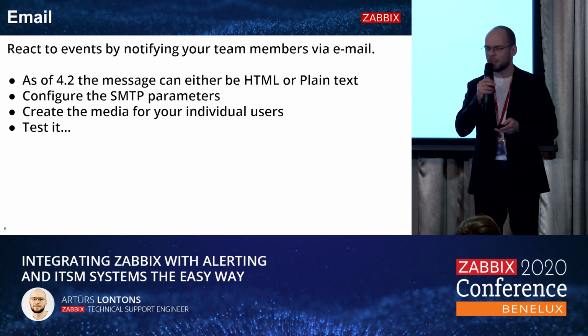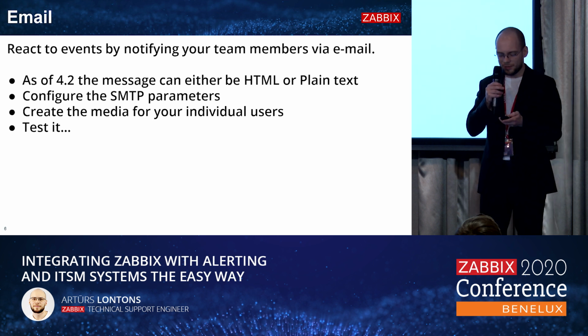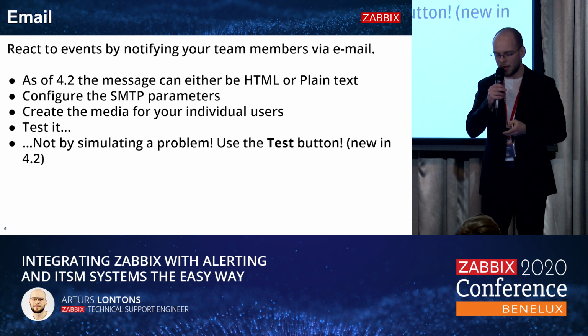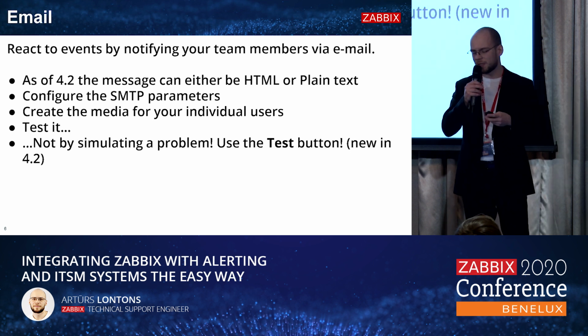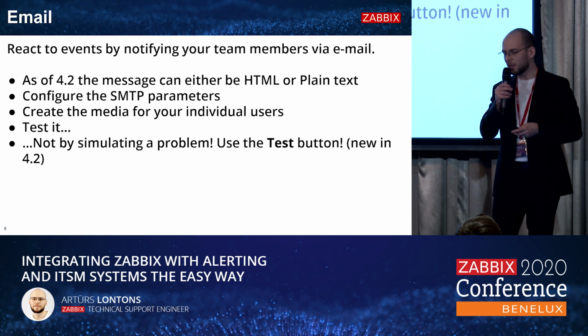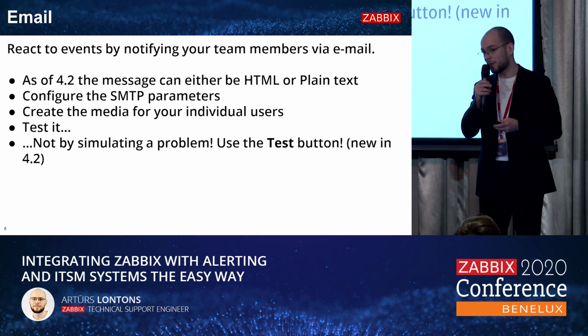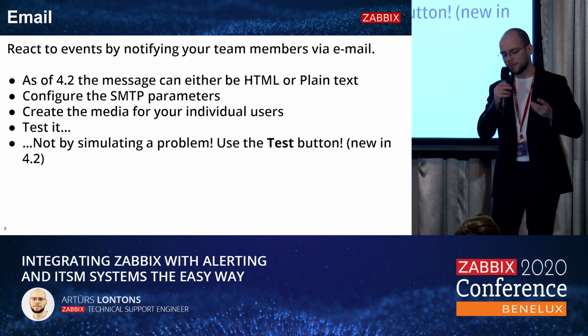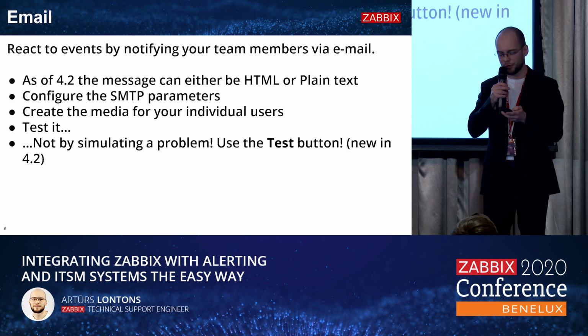You can maybe forget to disable that trapper item at some point, and that's just not the way to do it. And that's why we are not simulating problems anymore. Since 4.2, we have a nice test button where we can actually test our media type and see if we can get it working. So to all of you who are still on version 4.0, feel free to upgrade to 4.4 or 5.0 in the future.